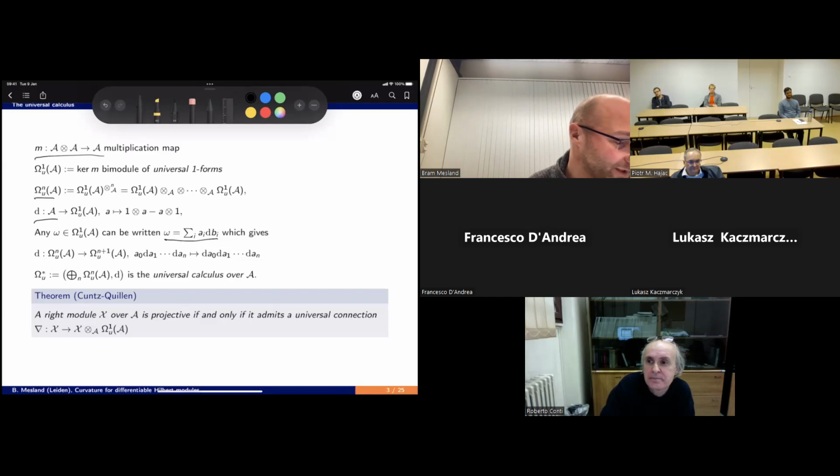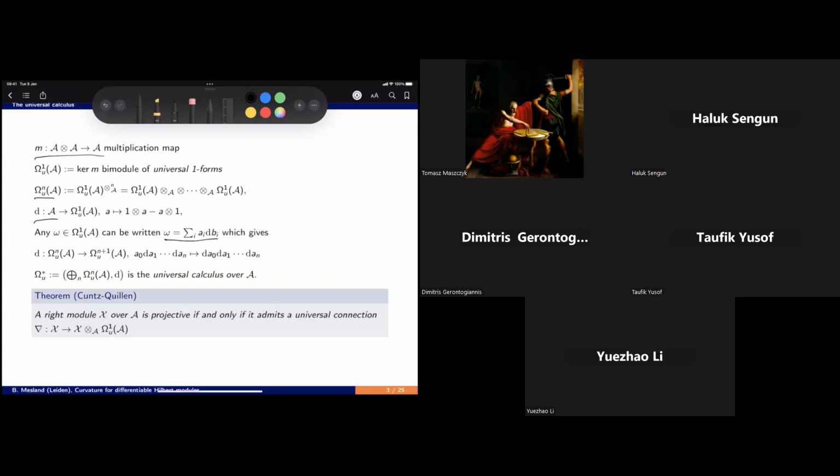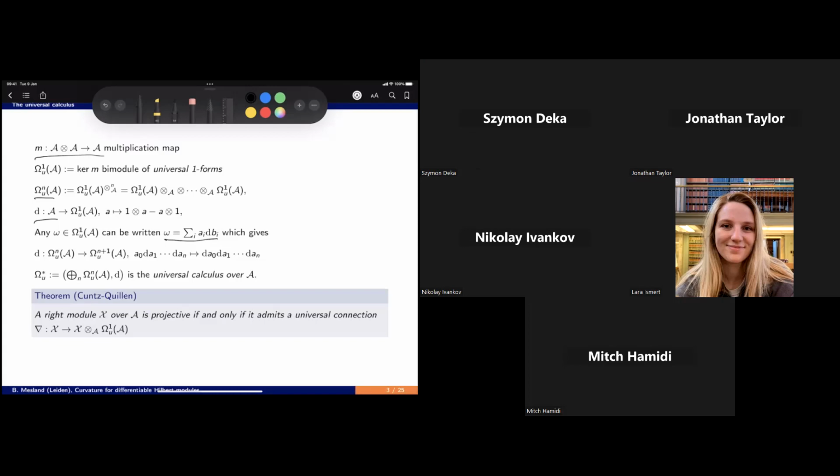So a right module X over A is projective if and only if it admits a universal connection. So that's a very nice result. And these two things settle in algebra the question of can we find a calculus, and when can we find connections?